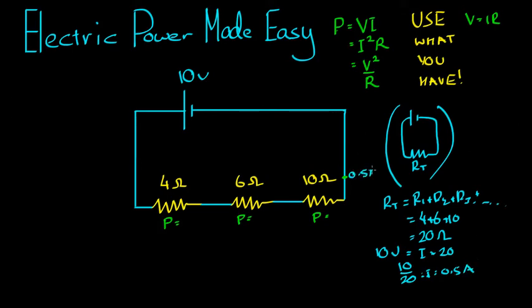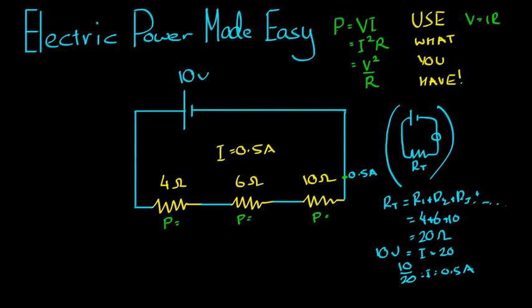We've got 0.5 amps going through here, here, and by extension, all these 3. So now we know the current going through these 3. Which power formula are we going to use? Well, of course we're going to use the one that shows current and resistance.